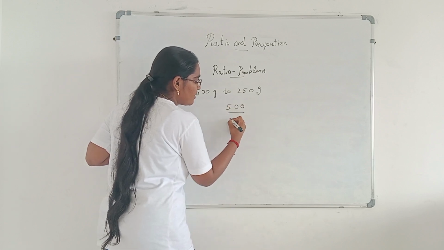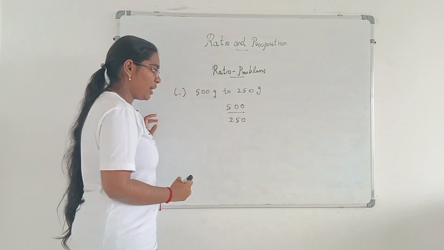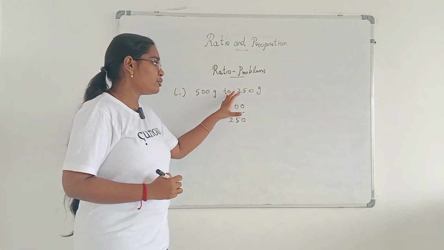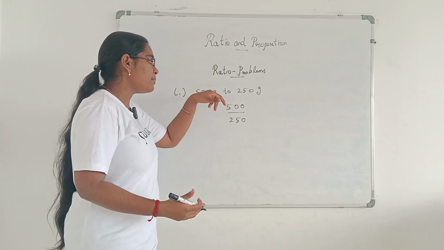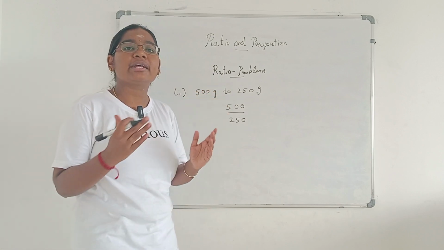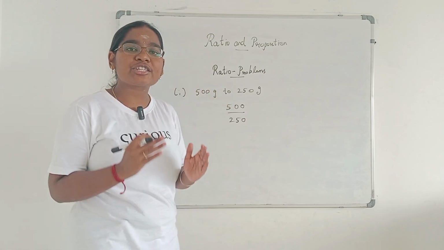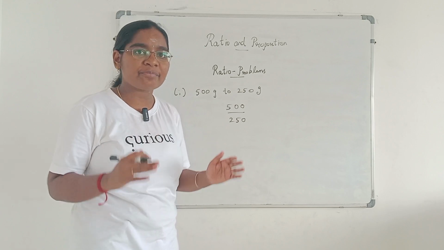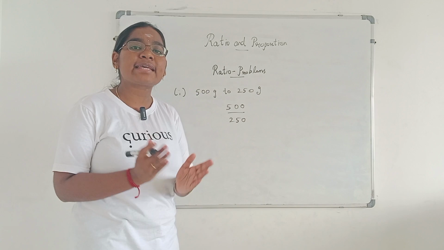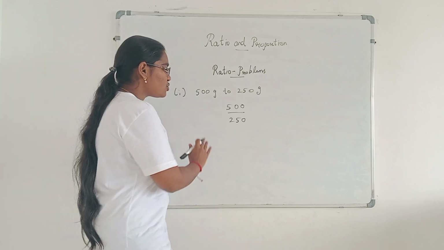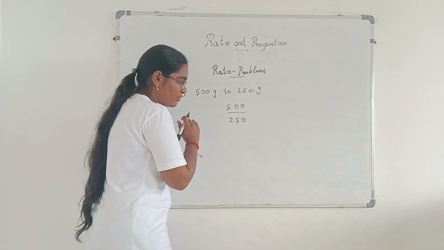So 500 divided by 250. While doing a ratio problem, you should not mention the unit, because a ratio is a number. A ratio has no units. It is just a comparison of quantities of the same unit. So 500 by 250.